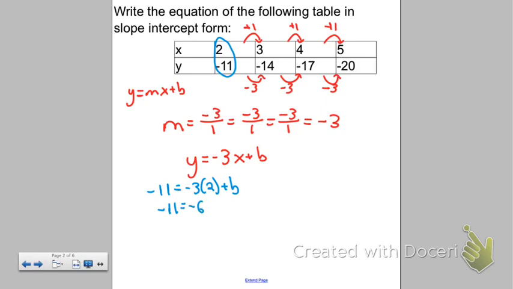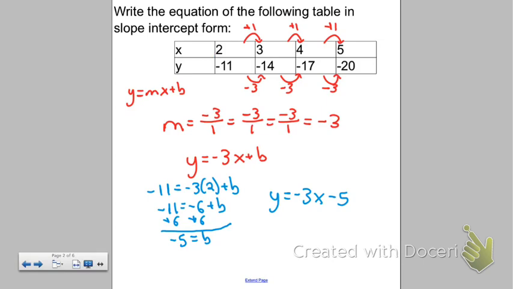Negative 11 equals negative 6 plus b. I can add 6 to both sides. Negative 5 is equal to b. So my equation would be y equals negative 3x minus 5. That's one way I can find my y-intercept.